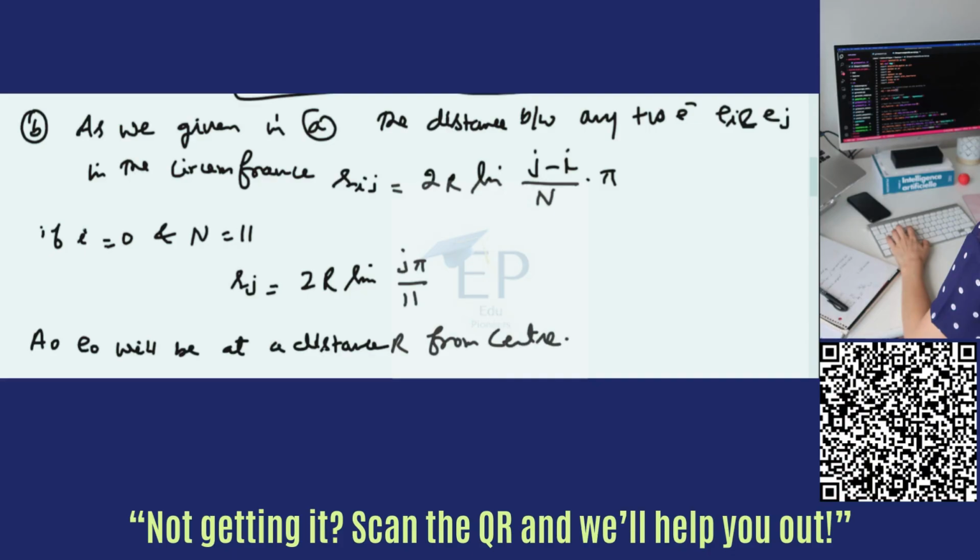We have to find the value of j for which 2r sine of j pi upon 11 is less than r.